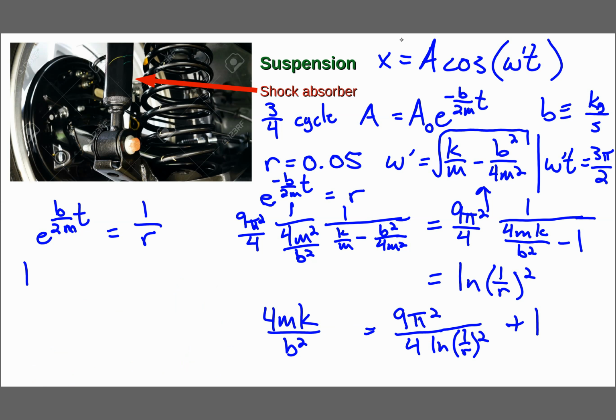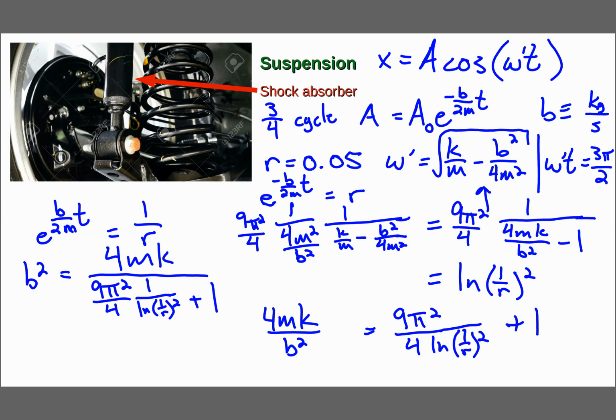So then we get b squared equals something where we have 4mk on the top, okay? And on the bottom, we have everything that used to be on the right side of the equation. 9 pi squared over 4, 1 over ln 1 over r squared plus 1.